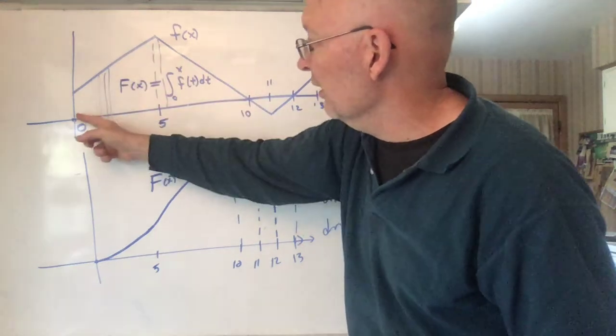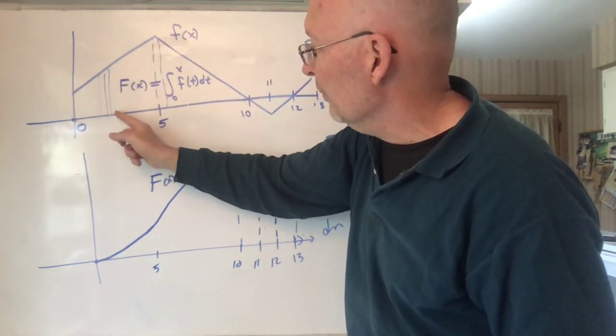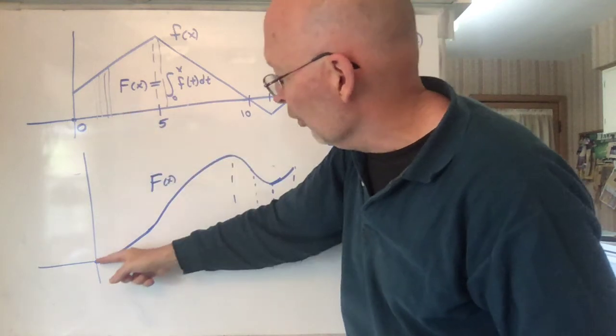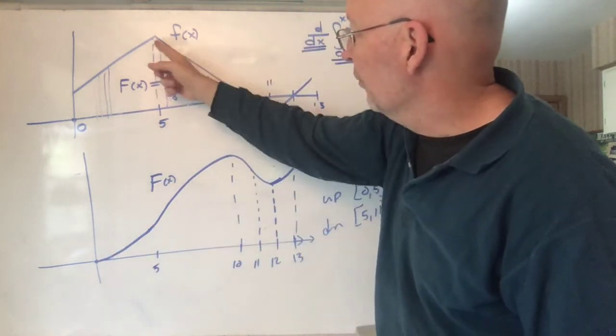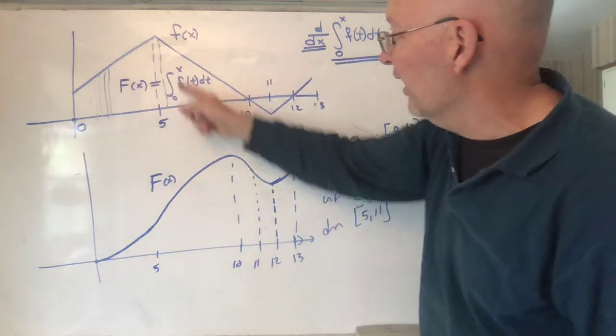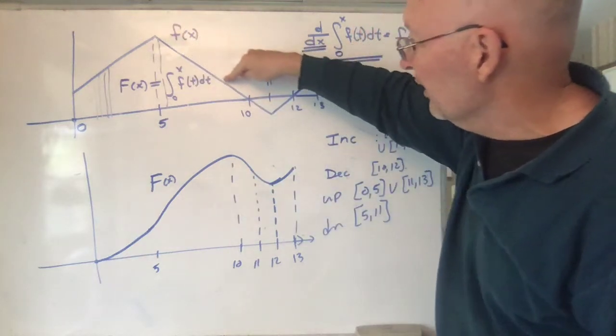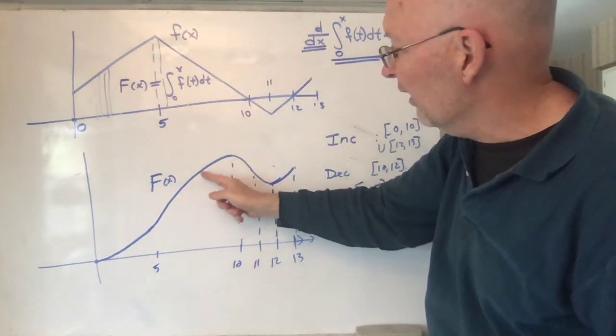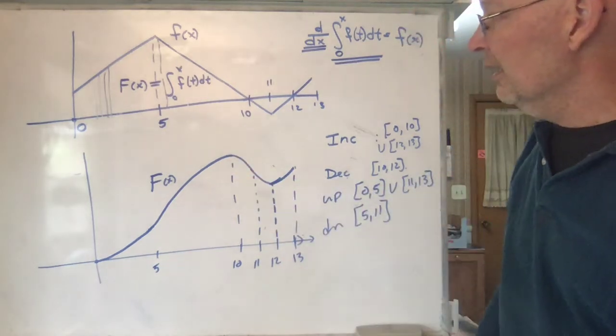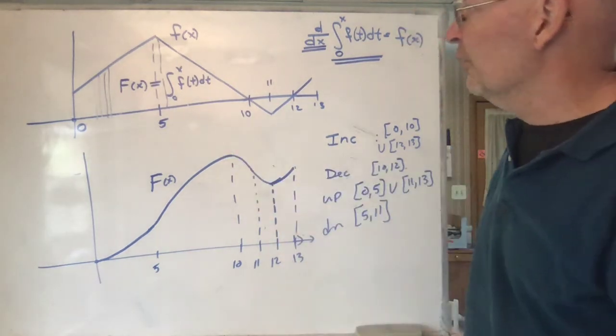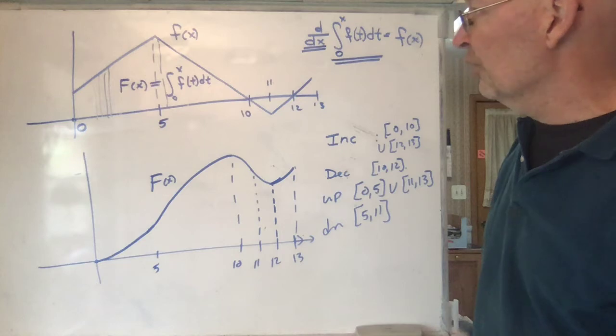As you walk from here to here, every step you take, you're getting more land than before. So that's concave up. From here to here, you're still getting more land, but the rate at which you're getting land is going down. See, that's why it's concave down there. Okay? So this is good for you to do. Let's do one more just for the practice.